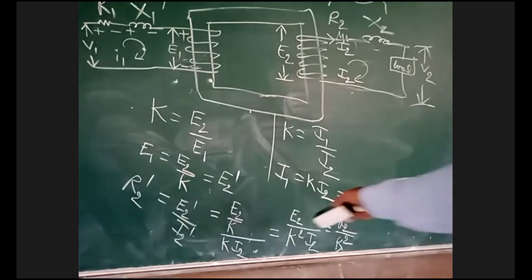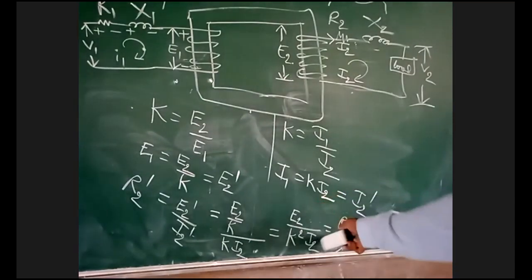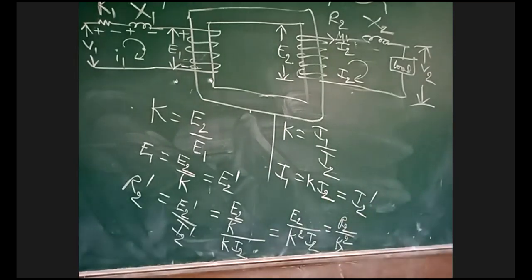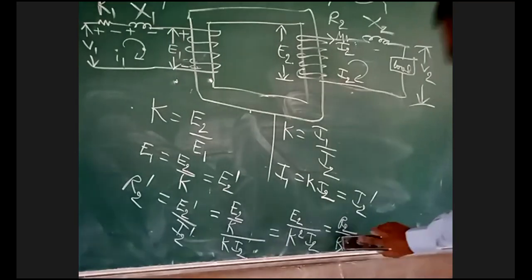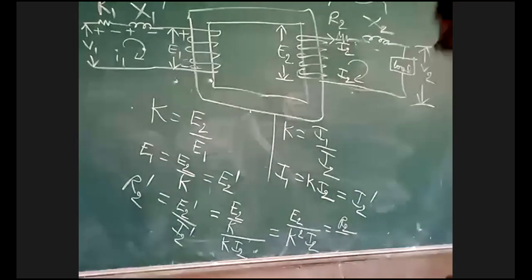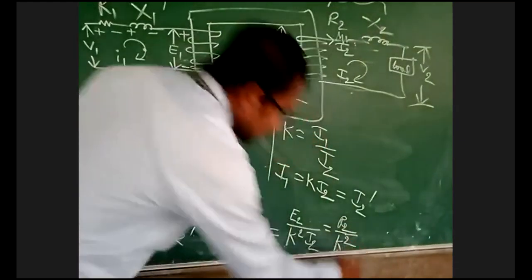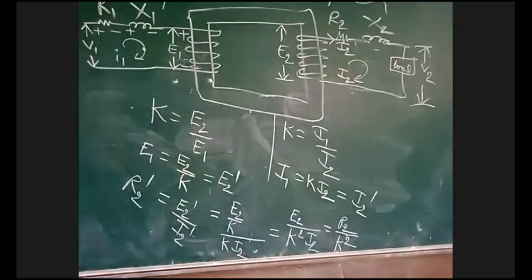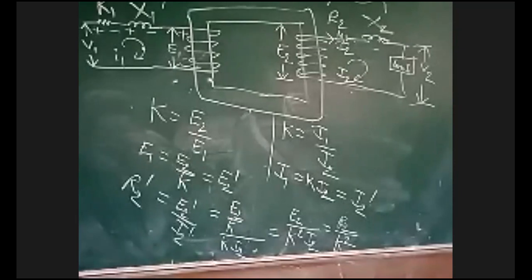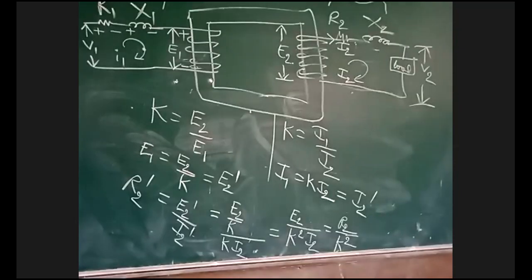Therefore, finally, you will get R2 by K square. Up to here, any doubt? No, sir. Okay. So R2 dash is equal to R2 by K square.